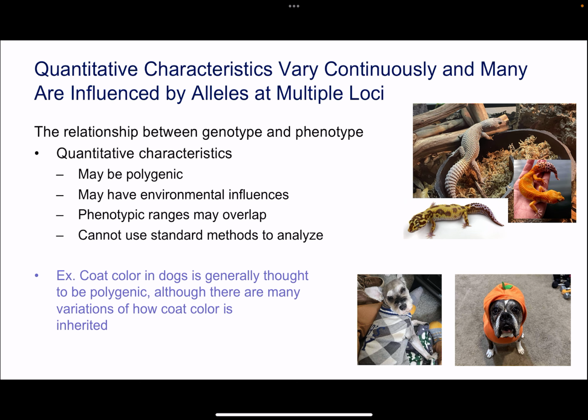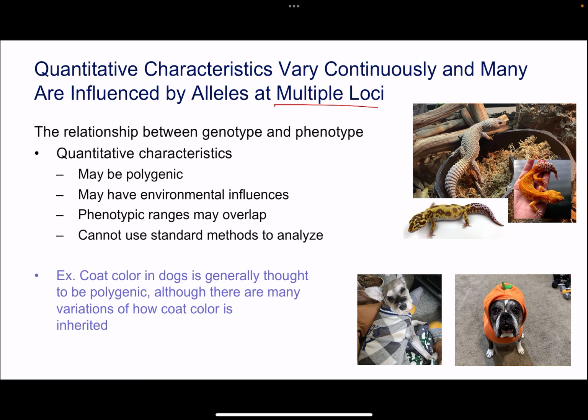Our quantitative traits are going to vary, and they are often influenced by a variety of alleles at multiple loci. What multiple loci means is multiple different genes. So we have several different genes on different chromosomes and their associated alleles, all affecting a particular phenotype.